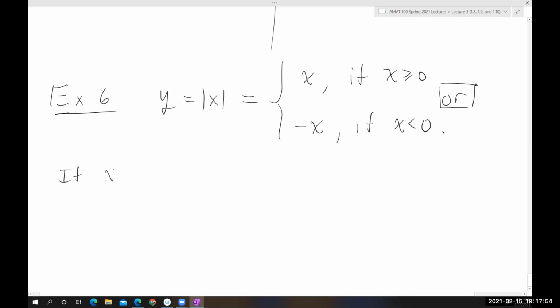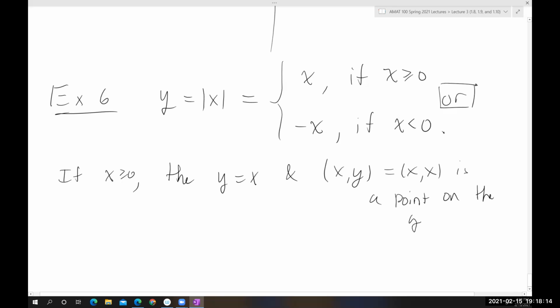So if x is positive, then y is equal to x, and (x, y), or I should say (x, x), is a point on the graph of this equation.